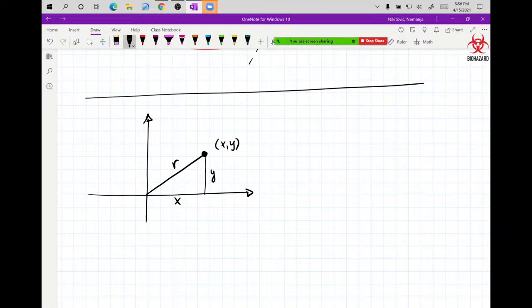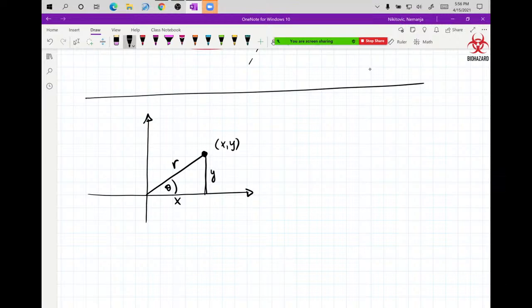What we see is a right triangle, and we know the Pythagorean theorem for it. And this is our angle theta.